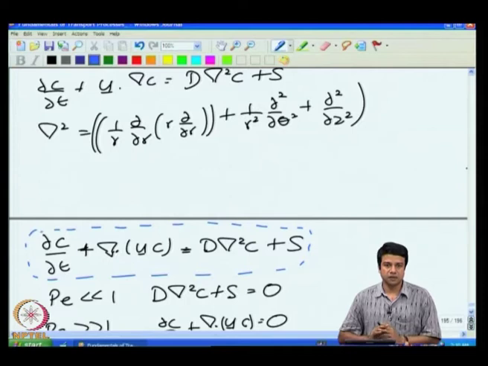The second is del dot u c, u is a velocity, length per time. So, this also has dimensions of concentration per time. The term on the right hand side is a diffusion coefficient times del square c. Diffusion coefficient has dimensions of length square per unit time. So, this also has dimensions of concentration per time.